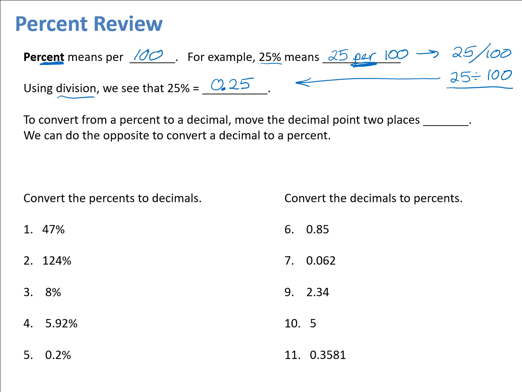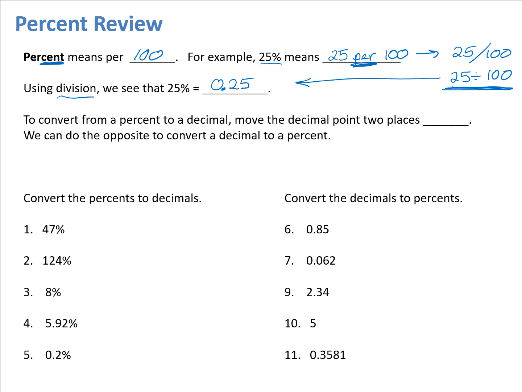Now, for many of our calculations involving percent applications, we want to be able to quickly go from a percent symbol to a decimal because we usually calculate with percents with decimals. Now, to convert from a percent to a decimal, we could do the division every single time, but there is a quicker way. If you look at these two numbers, the 25% and the 0.25, we've got the same digits. There's a 2 and a 5, 2 first and then the 5. Really, the difference is where the decimal point is.